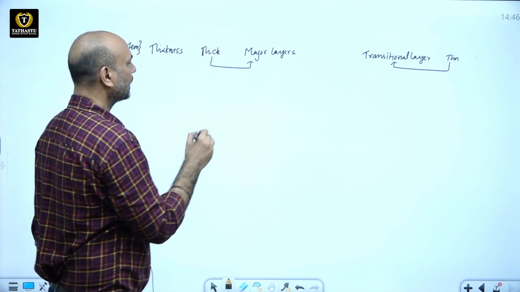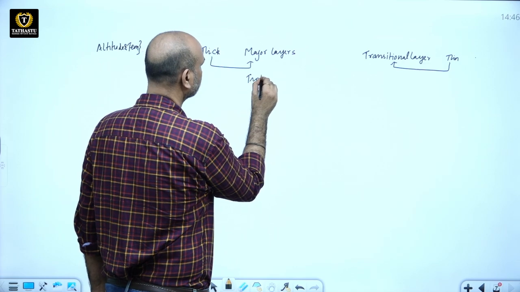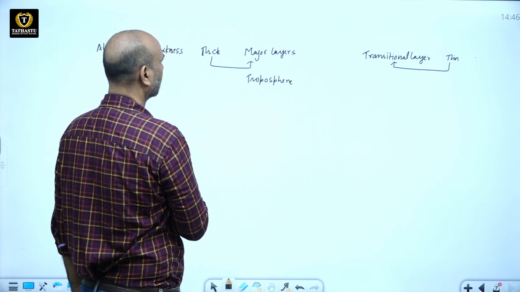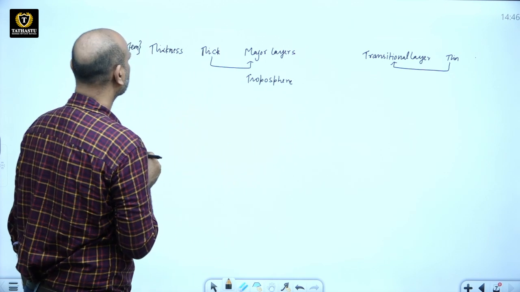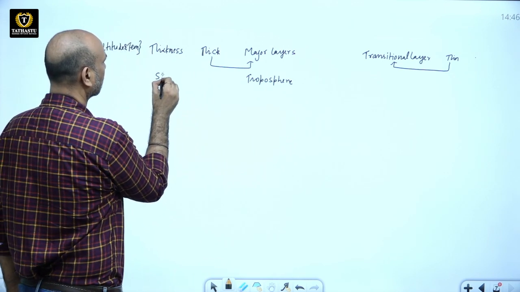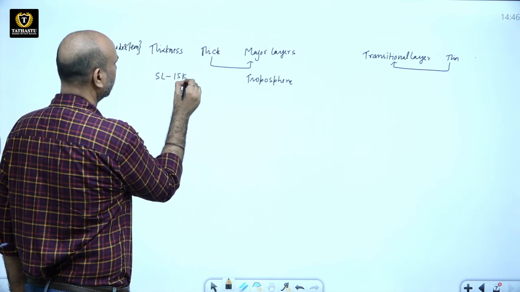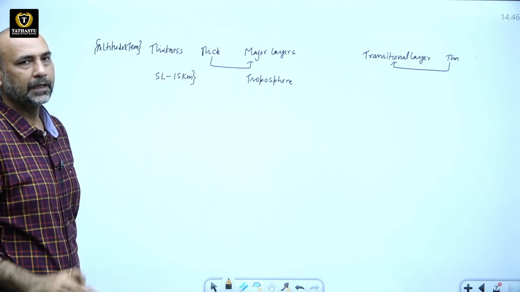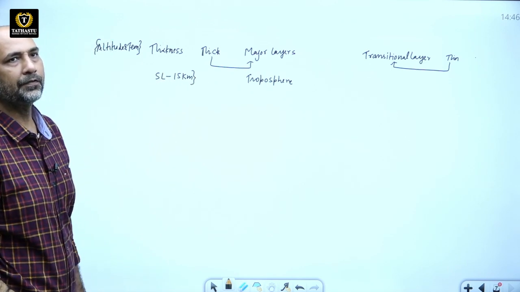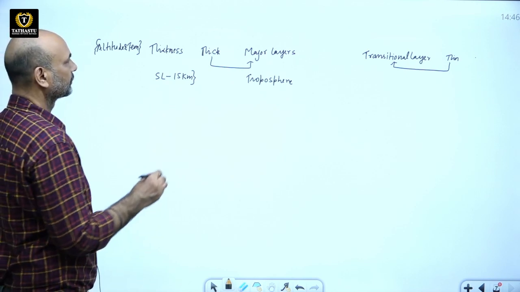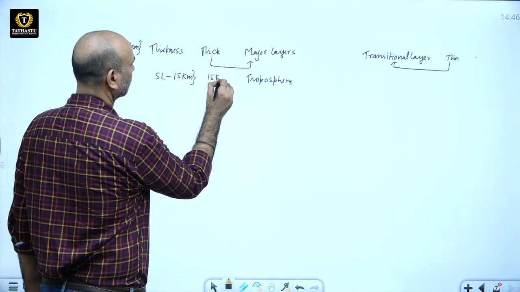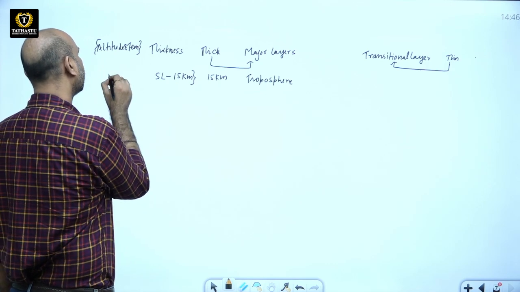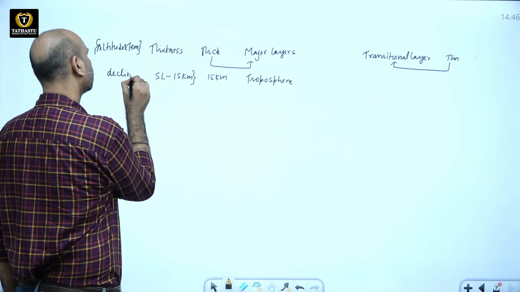So major layers are going to be troposphere, extending from sea level to 15 kilometer, means its average thickness is 15 kilometer. And with altitude, temperature declines.